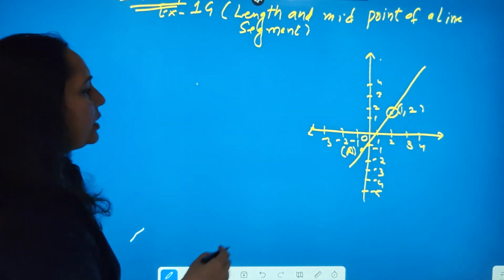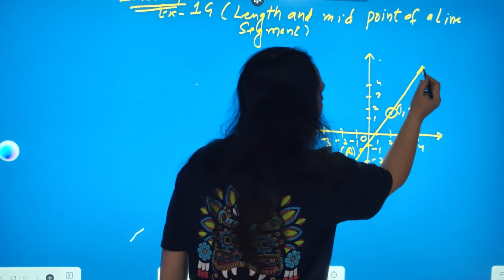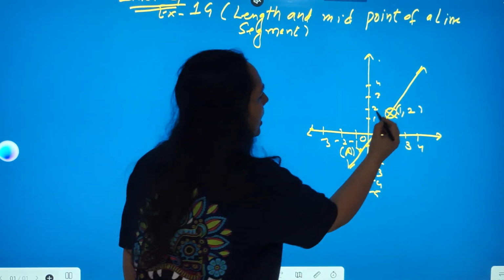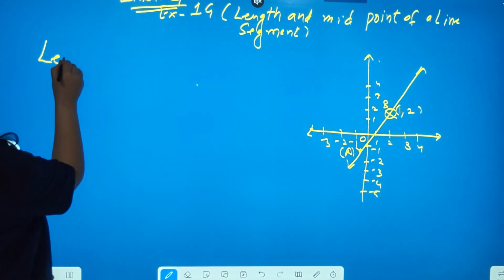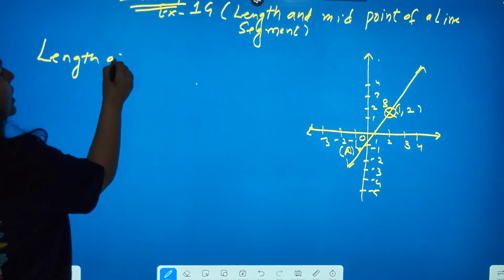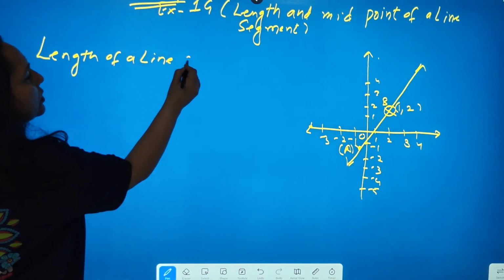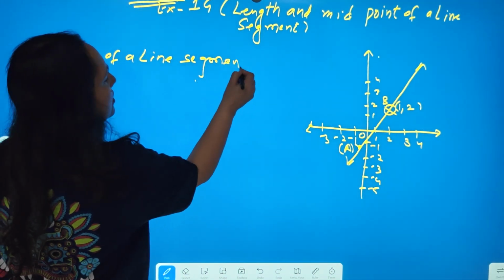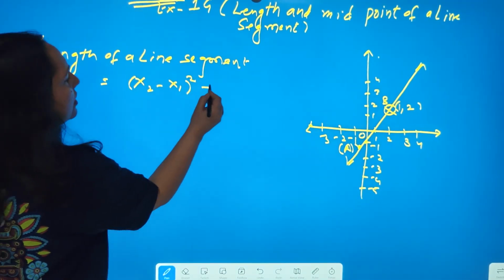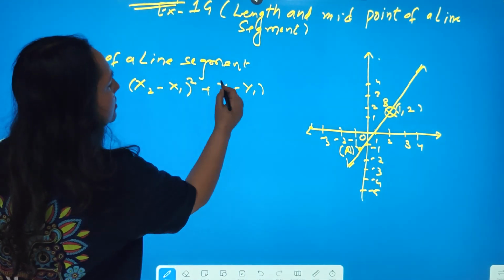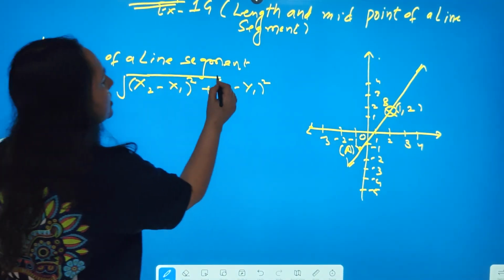Now you need to find the length of the line segment AB. So what is the length of the line segment? The length of a line segment is equal to the square root of x2 minus x1 whole square plus y2 minus y1 whole square. This is what we call the distance formula.